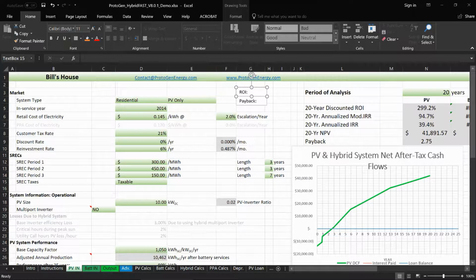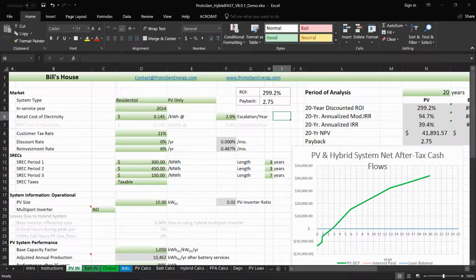Then we want both of these, so Shift click, and then Control Shift click comes over here. And we want this text box to equal, we can set a formula in the text box, this, and we want this text box, delete, click in the formula bar, hit equals, payback, enter. Now we have ROI and payback.